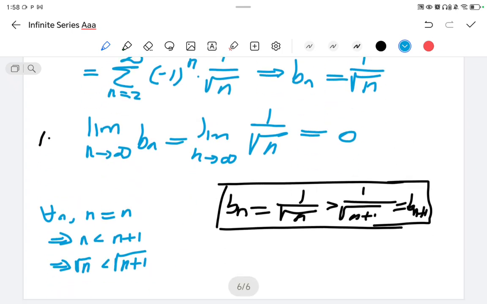Then now we flip. This will imply that we have 1 over root of n, which is greater than 1 over root of n plus 1. So this implies that 1 over root of n, which is bn, is greater than bn plus 1. You see, I've shown that this is decreasing. Then we are good to go. All right.